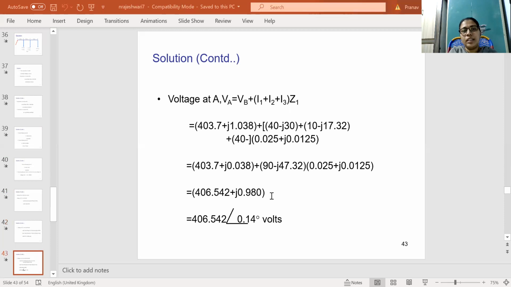And coming to VA, the voltage at A, we have to find how much voltage at A will maintain the voltage VD at 400 volts. So we have to find the voltage at point A, where VA is equal to VB plus I1 plus I2 plus I3 into Z1.